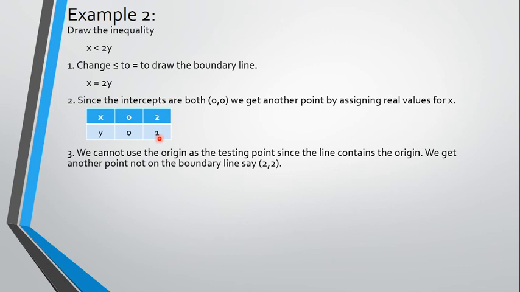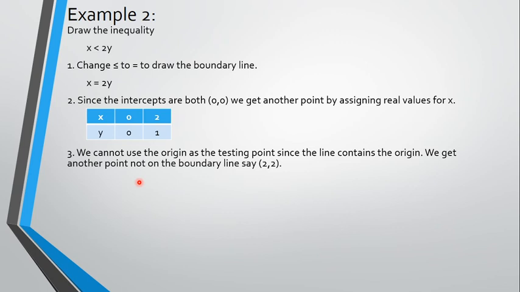Now, next, we cannot use the origin as the testing point since the line contains the origin. We get another point not on the boundary line, say 2, 2. Now, class, since our x and y intercepts are 0, 0, that only means that our boundary line will pass through 0, 0.